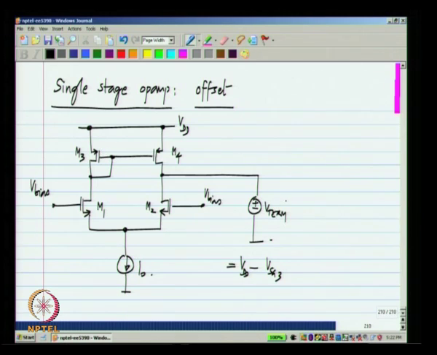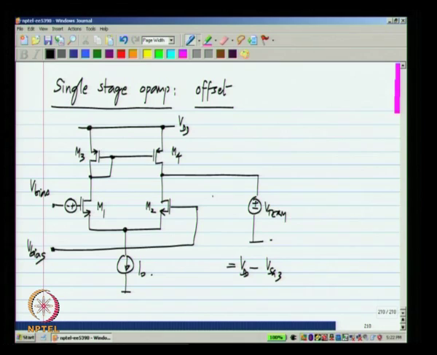So, first of all, I will have two mismatches, one between M3 and M4 and one between M1 and M2. To represent the mismatch between M1 and M2, I can represent the threshold voltage mismatch as a voltage source in series with the gate.